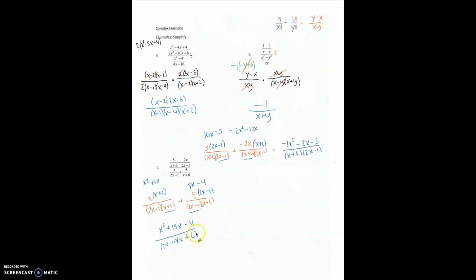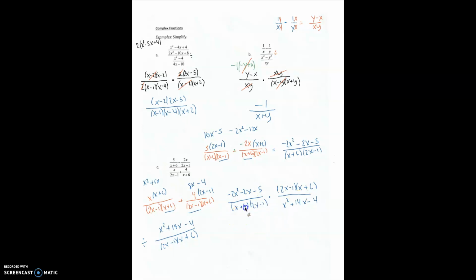This does not factor. So let's go ahead and just set this up. This is going to be our denominator. We were dividing by this, so I'm going to multiply by the reciprocal. I'll put the 2x minus 1, x plus 6 in the numerator, and then x squared plus 14x minus 4 in the denominator. And the first fraction was that negative 2x squared minus 2x minus 5, and then x plus 6, 2x minus 1.